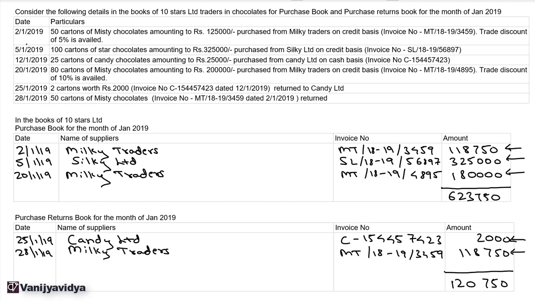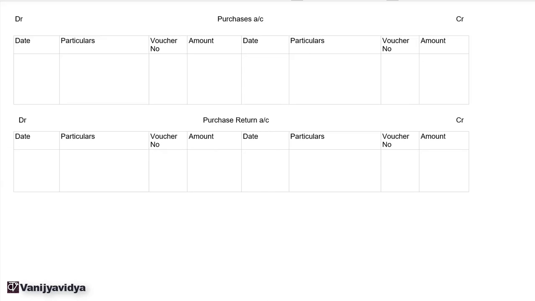Now let's post this in the purchase account, 6,23,750. So this is a purchase account. So what will be the entry for the purchases? Entry for the purchases will be purchase account debit to suppliers account. So on 31st Jan 2019, on debit side of purchase account we will write to sundry creditors.